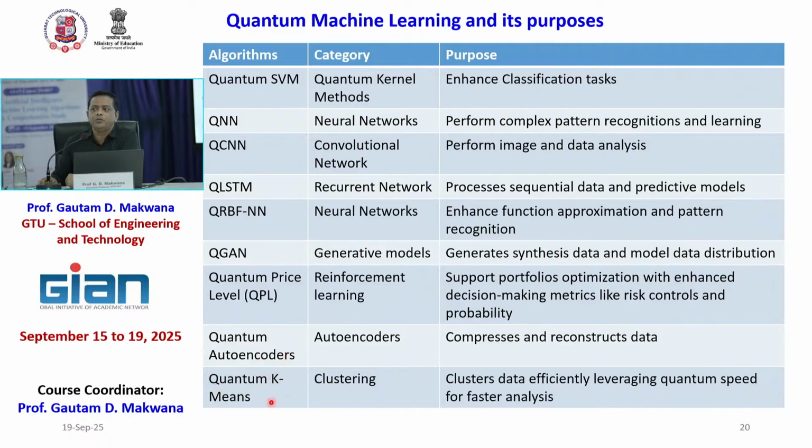These are a few of the basic machine learning and deep learning algorithms, and there are different purposes for the different kinds of quantum machine learning algorithms, and it is noted the category and the purpose of these. So this quantum autoencoder, for example, is used to compress and reconstruct the data.